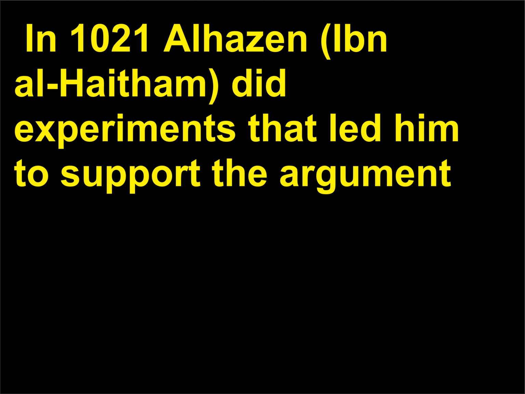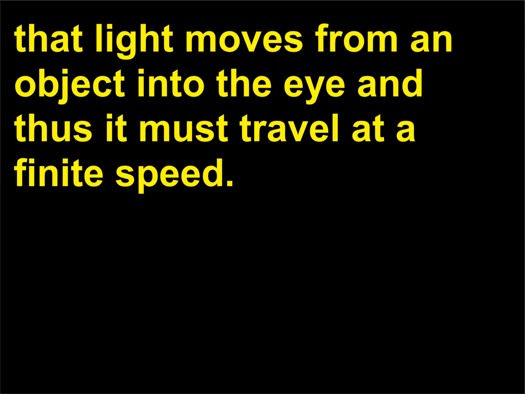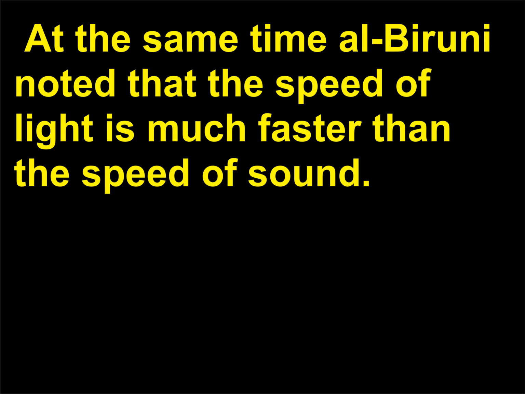In 1021 Alhazen, Ibn al-Haytham, did experiments that led him to support the argument that light moves from an object into the eye, and thus it must travel at a finite speed. At the same time, al-Biruni noted that the speed of light is much faster than the speed of sound.